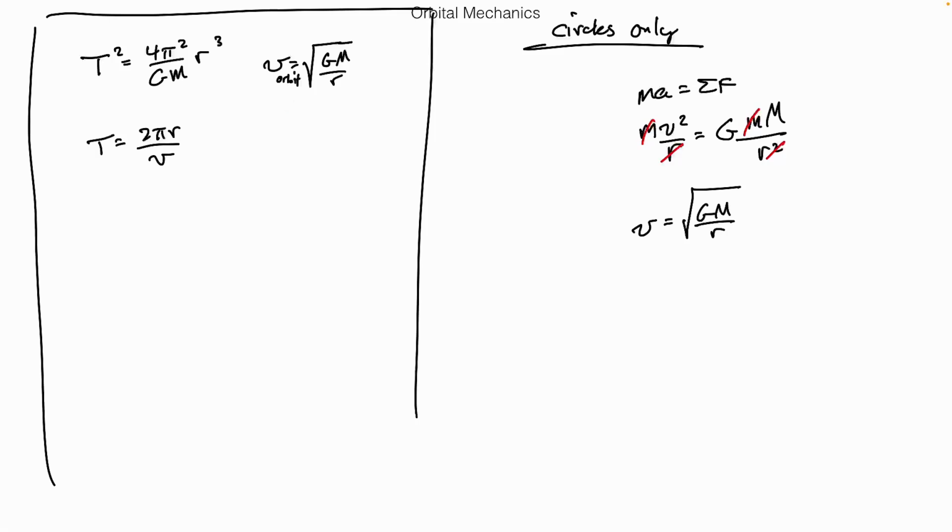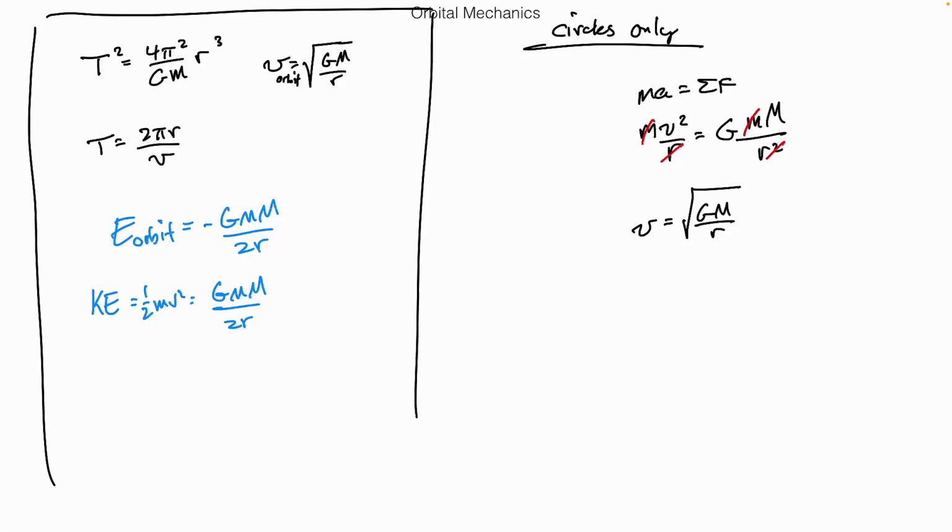We could now add into this toolbox the energy of an orbit, which is equal to negative GMm over 2r. We could do kinetic energy, 1/2 mv squared, but it's also equal to GMm over 2r.